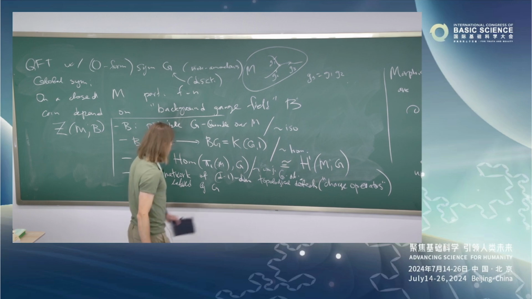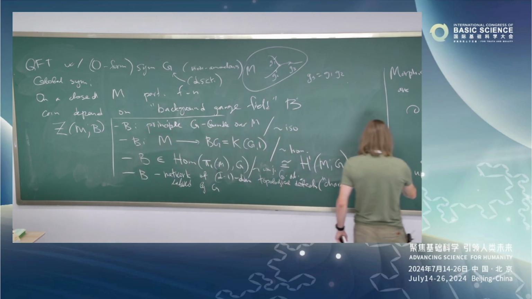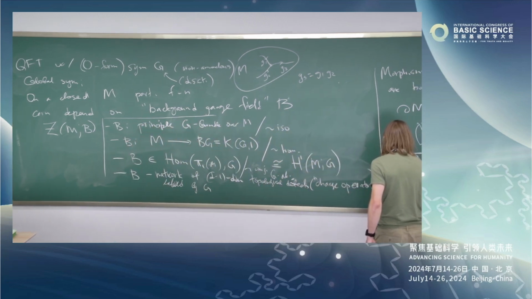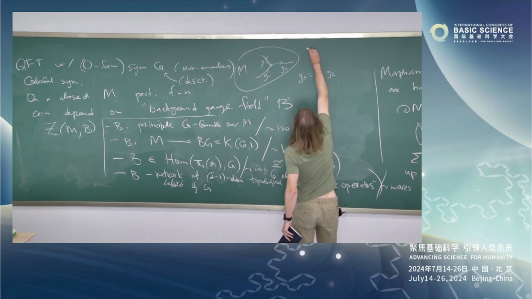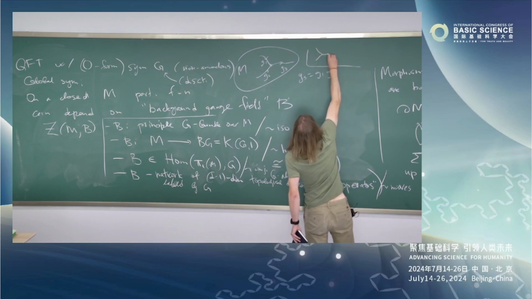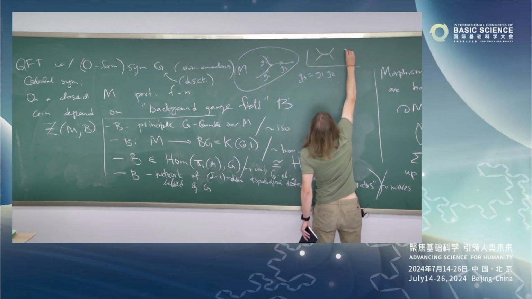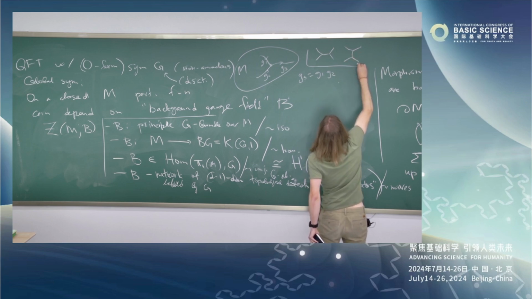Here again, we have to use some sort of equivalence relation where we quotient by certain moves, which roughly relate networks that are locally equivalent.